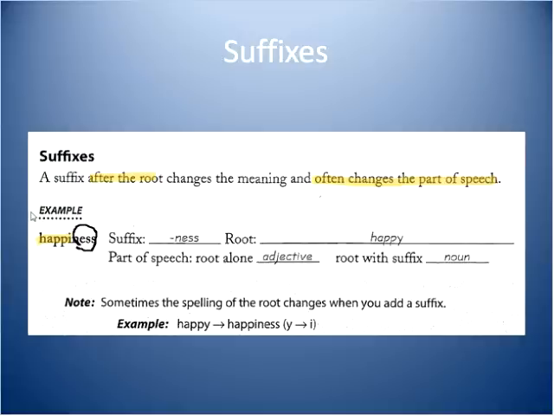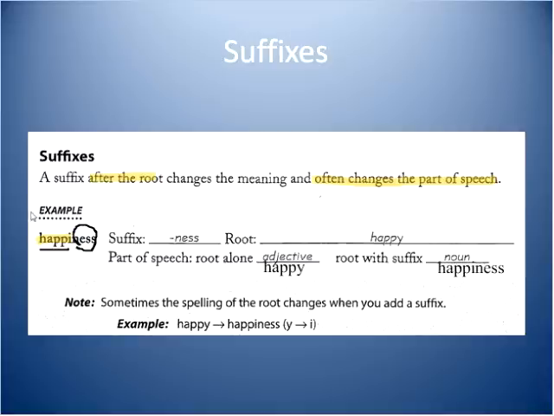The root by itself, happy, is an adjective, and the root with the suffix is a noun. Why? Because the suffix ness makes a word a noun.